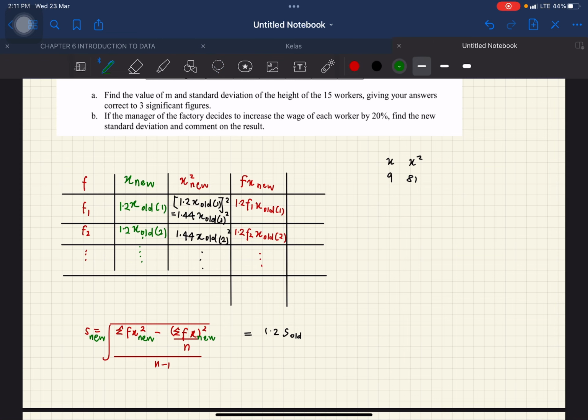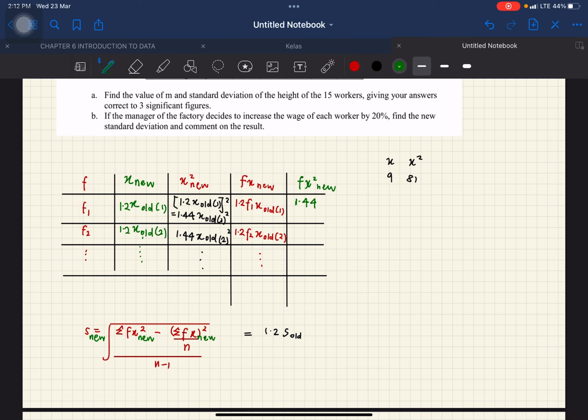Okay, last one. Right, so in our last column, kita tulis kat sini, kita nak cari Fx square yang baru. Sebab kita nak masukkan di dalam ni nanti. Okay, so nilai yang pertama kita akan dapat bila kita darabkan F dengan this one. Okay, so you are going to get 1.44. Okay, this one, 1.44 multiply with this one.